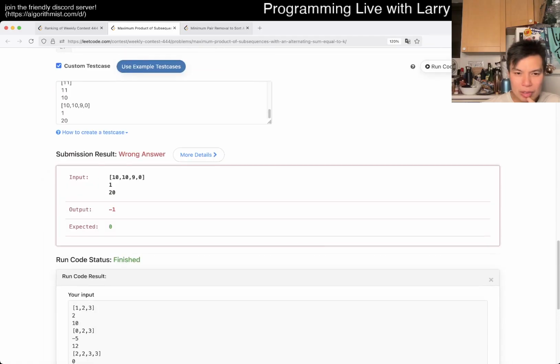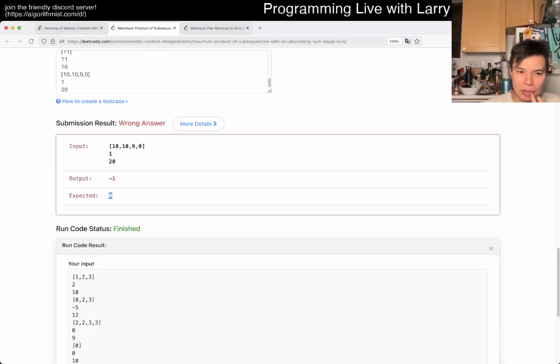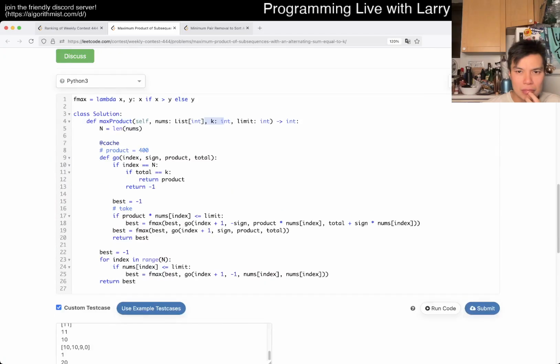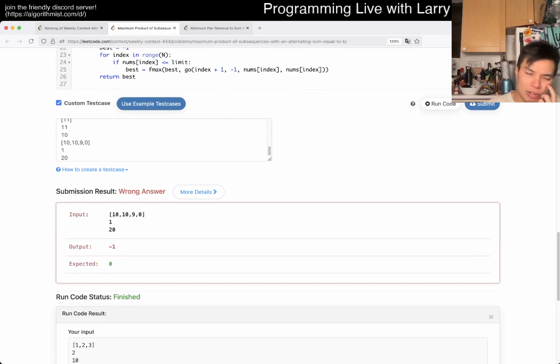So the limit is 20, so you have to pick one number. I don't get it. Oh wait, no, expected is 0. I put -1. Why is it 0 though? Limit is 20 for multiplying, so how do you get 1?